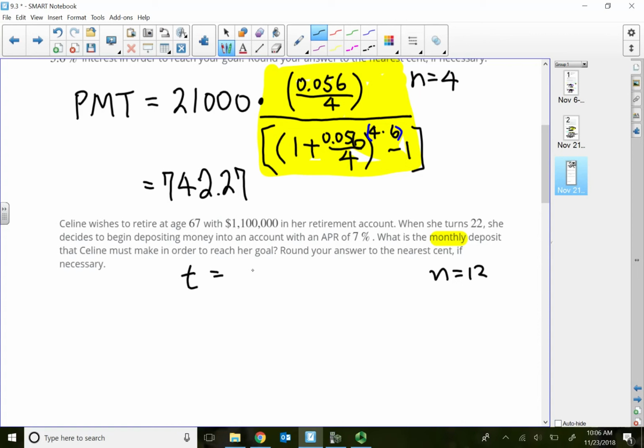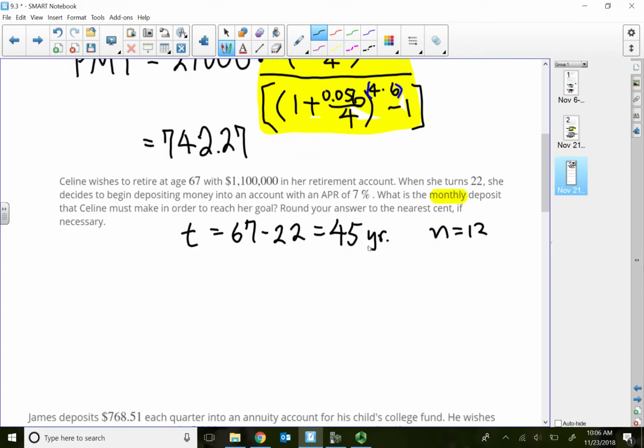So the time she's going to do this, 67 minus 22, that will be 45 years. So she's going to do this for the next 45 years and make payments into this particular account at 7%, 12 times a year for 45 years.